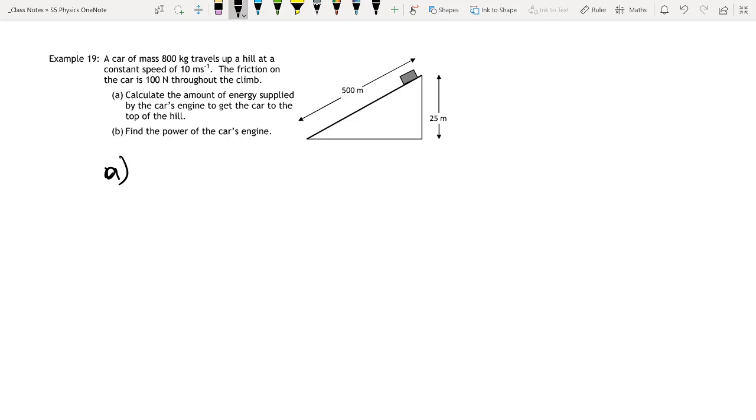So it's going to have to supply the potential energy required for it to climb up the hill, but it's also going to have to supply energy to overcome the frictional force. Okay, so the total energy supplied is going to be the potential energy to take it up the hill plus the work done against friction.